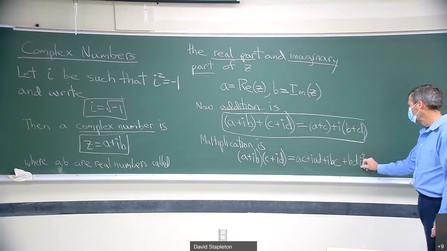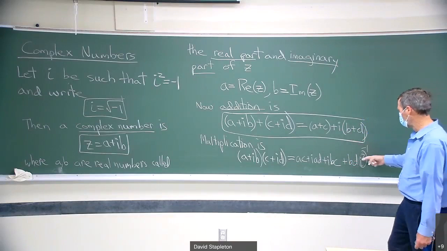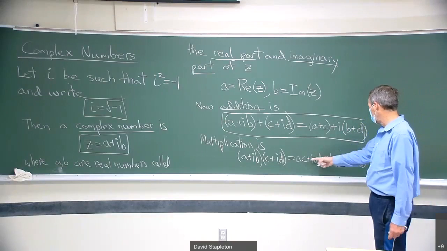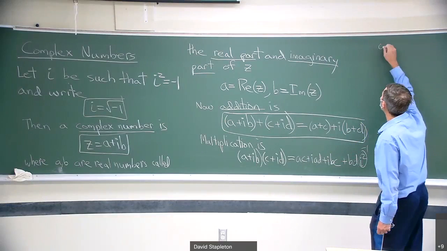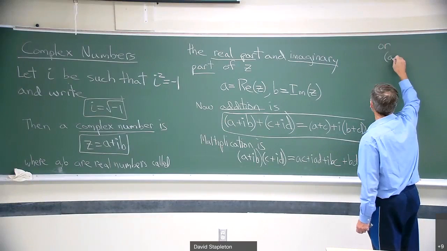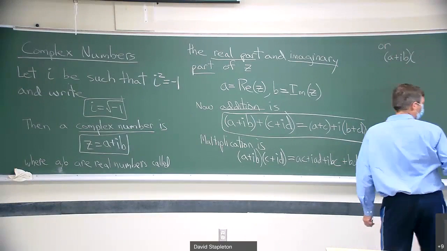Well, I squared is minus 1. And then if you go back to addition and collect all the terms without I, you get AC minus BD, right? And so we'll define multiplication like this so that it obeys the distributive law, or the FOIL law.